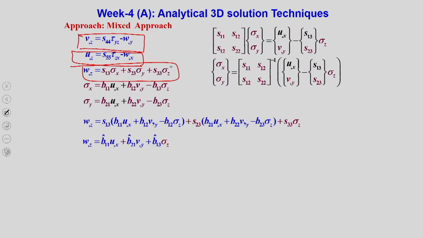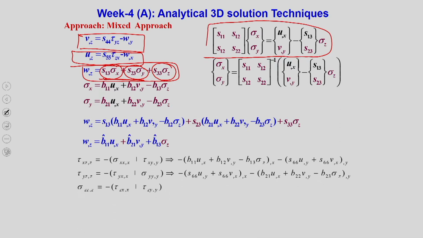Now you see sigma 3 is sigma z, S33, S23, sigma y, sigma x. Sigma x and sigma y we will replace with something, so that all these things will be in your primary variables, whatever you are interested in. Later on I will explain. So you can rewrite those equations.